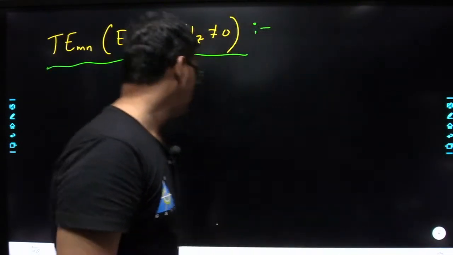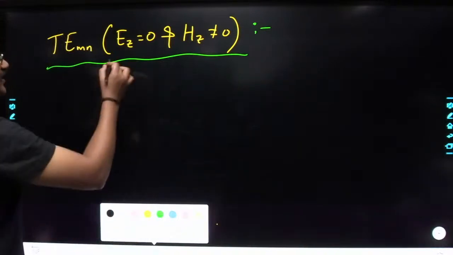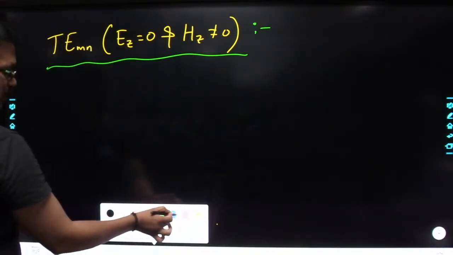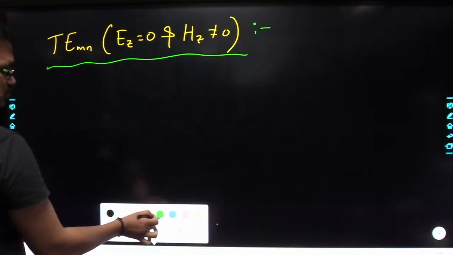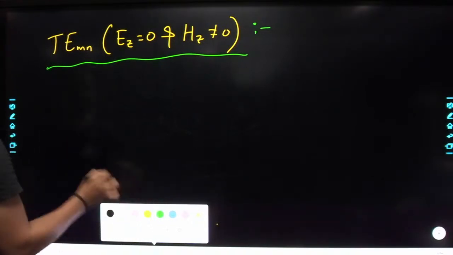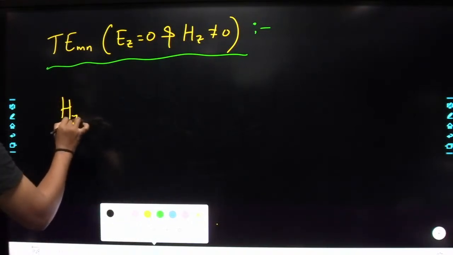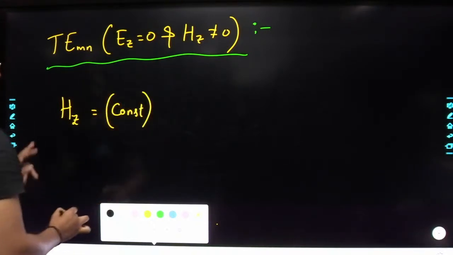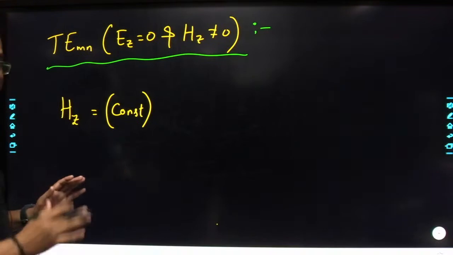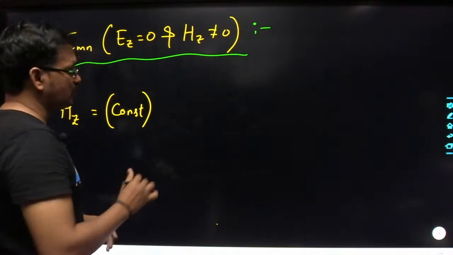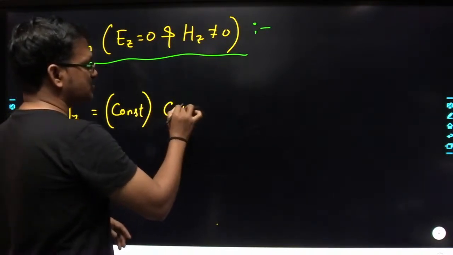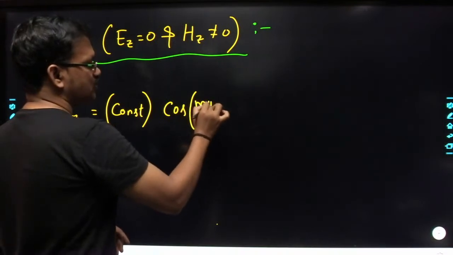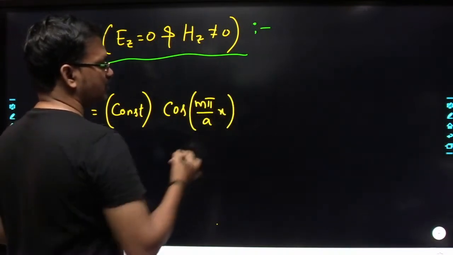Here Ez is 0, but Hz is not equal to 0. So Hz is equivalent to some constant. Hz must be maximum at x equal to 0 and at x equal to a. If it is maximum, the standing wave pattern must be a cos function, that is cos of m pi by a into x.